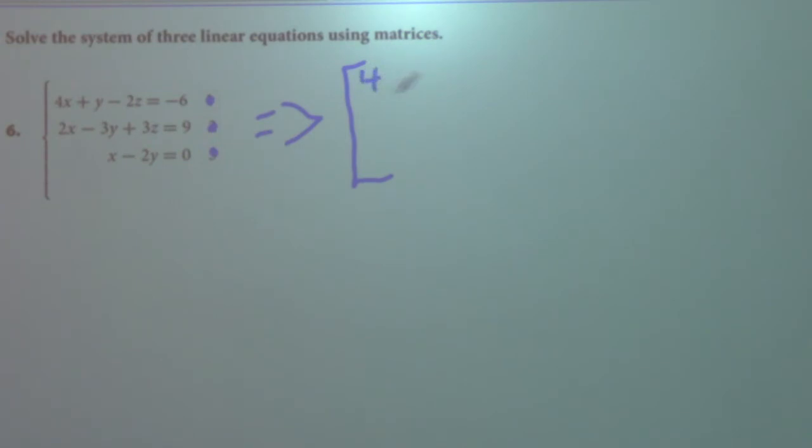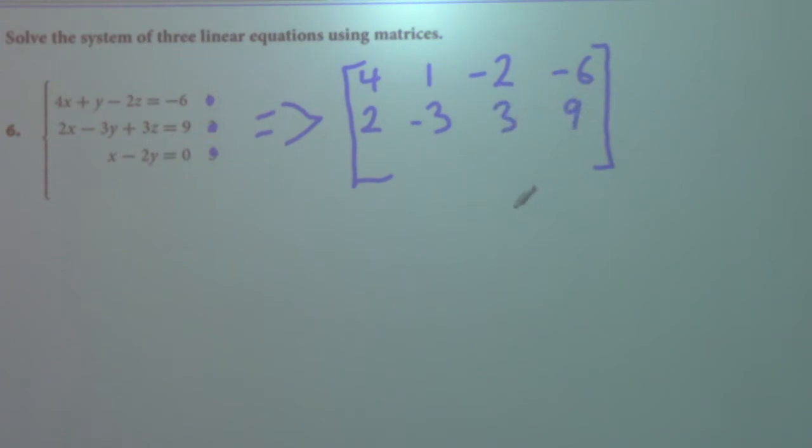4, 1, -2, and -6. All right? What's our second row going to be? 2, -3 and 9, okay.